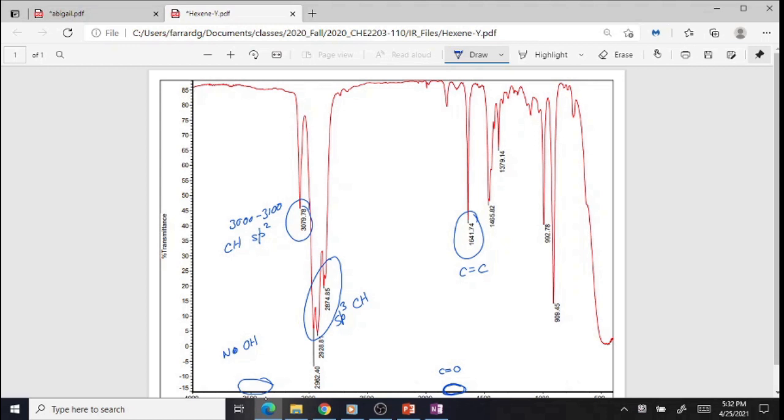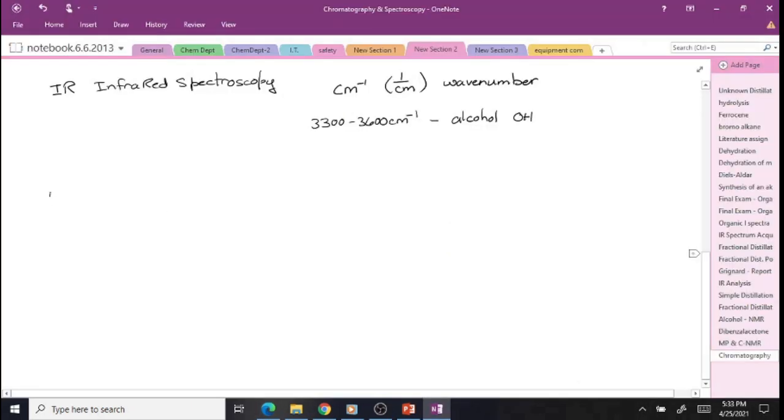So this is how we interpret infrared spectra. And as I mentioned, I will put a link to the video if you want to see a bit more about that. So from here we will move on to nuclear magnetic resonance spectroscopy. Specifically, we're going to talk about proton or hydrogen NMR to start.